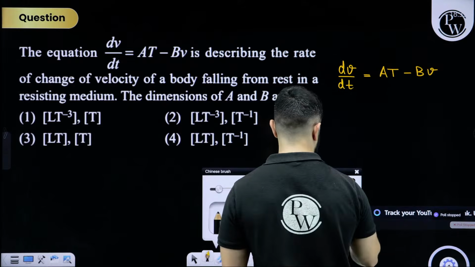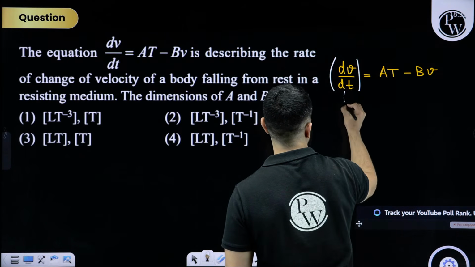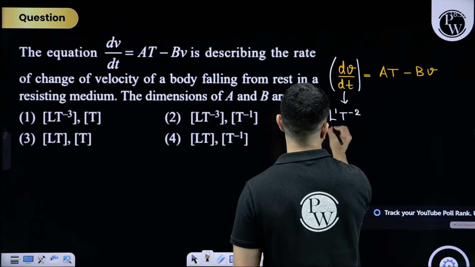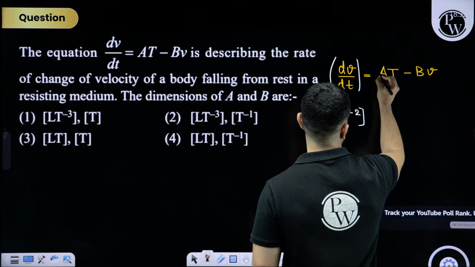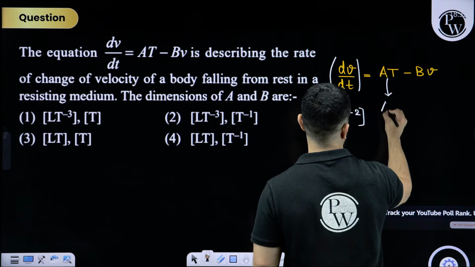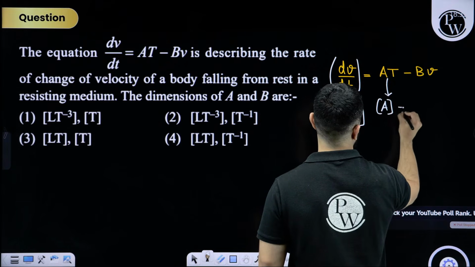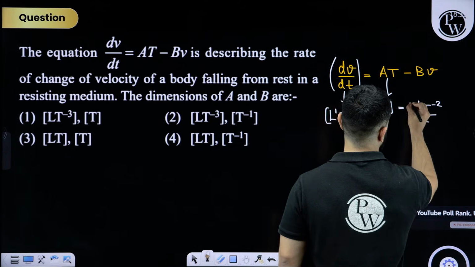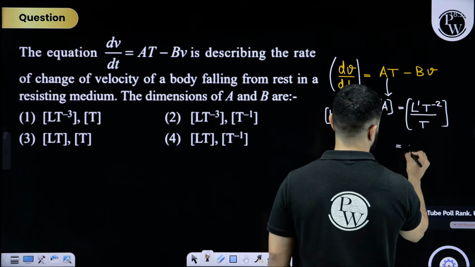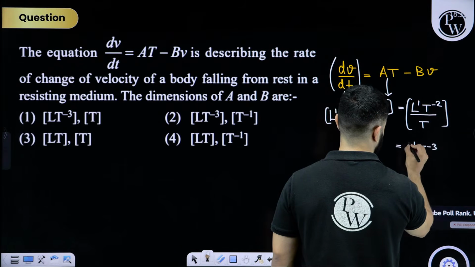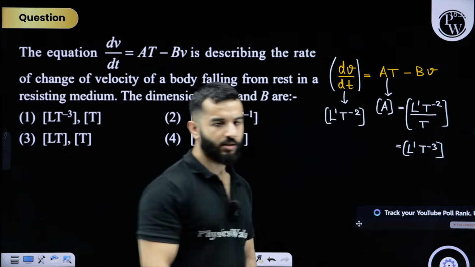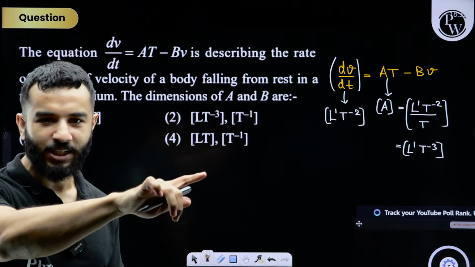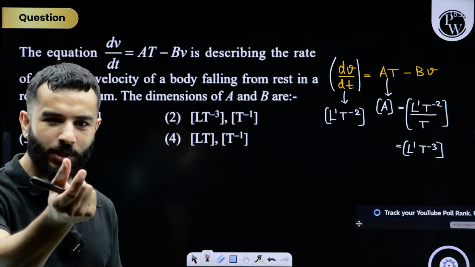So we all know this is nothing but acceleration. Acceleration is L1 T minus 2. So dimension of A will be L1 T minus 2 divided by T, which is L1 T minus 3. Clear? AT will also have the same dimension. So I am simply cross multiplying that T into the denominator. We can do this simple thing, right?